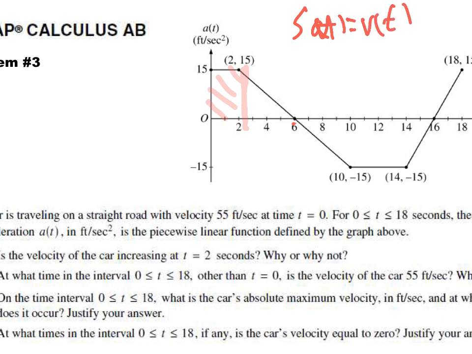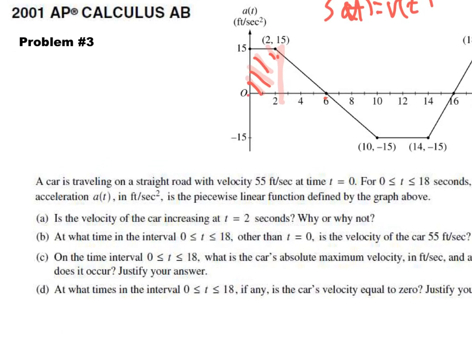So if you're integrating up to here, you're basically adding it all up. To a of 2, v of 2 would be that total. So accumulating area. Now you can see I'm accumulating area all the way to 6. It isn't until I get past 6 I'm taking area away. So keep that in mind.